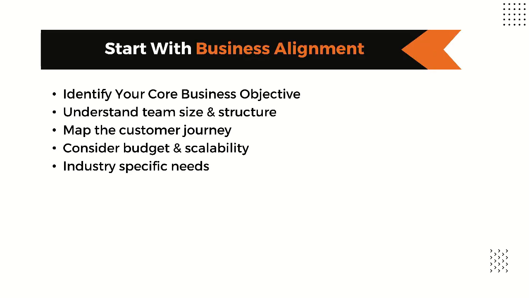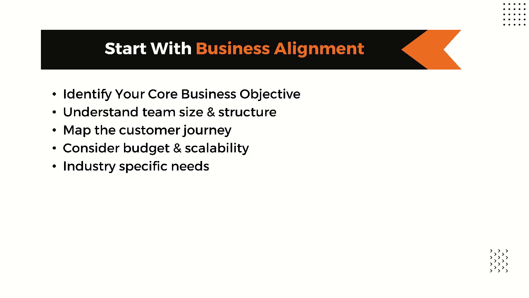Start with your business alignment. These are the things you need to do. Have a discovery session with your customer. Identify their core business objectives. You should know in and out what their core business is, what exactly they do, from sales to service to marketing. You have to understand all the different ends. Understand the team size and structure.